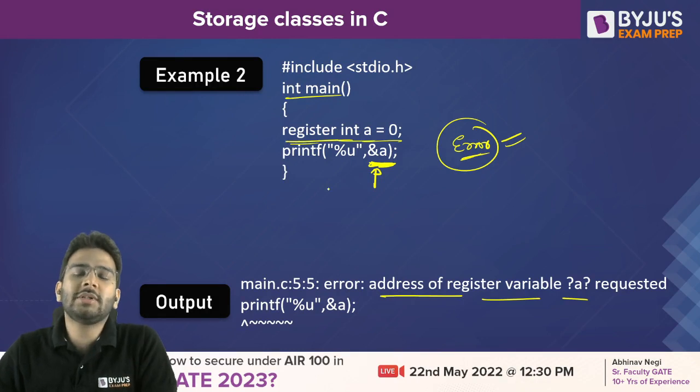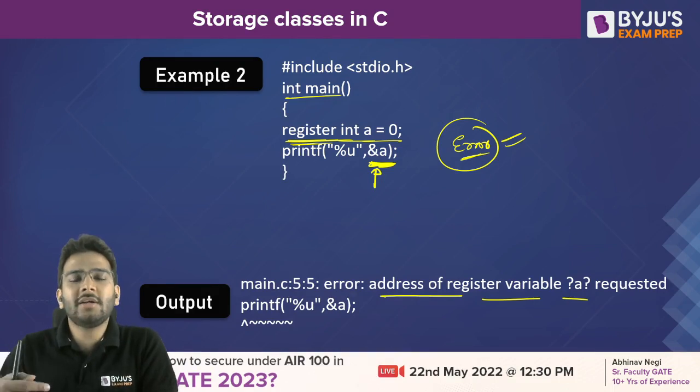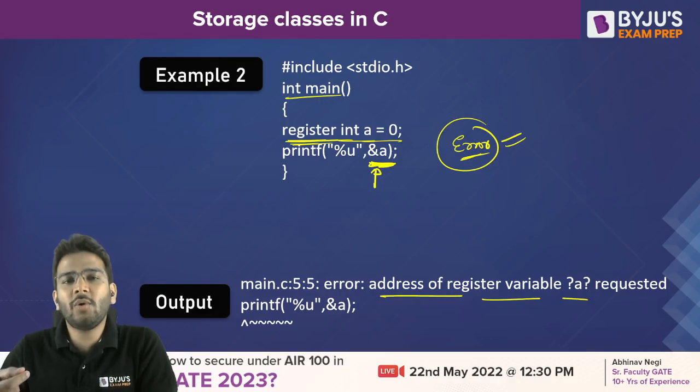And also just understand this point that whenever we are writing register int a is equal to 0, basically your compiler is going to request the CPU to allocate this variable into a register. So now it's up to the CPU, if it has enough registers to allocate the space, then it is going to approve that request, otherwise no. Otherwise your variable will still get memory in the main memory, not in the CPU.